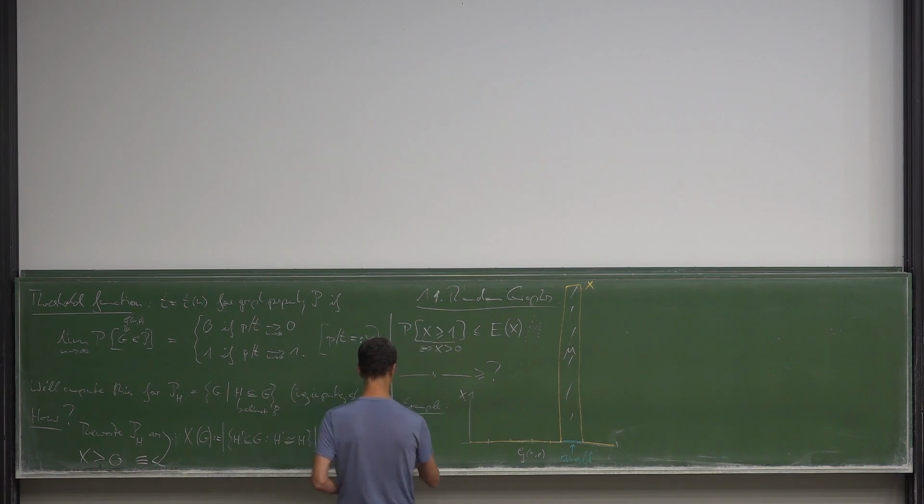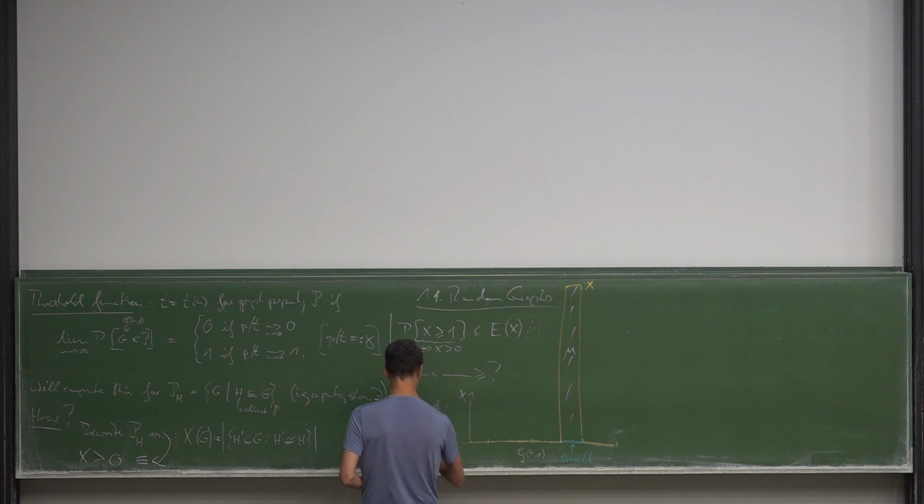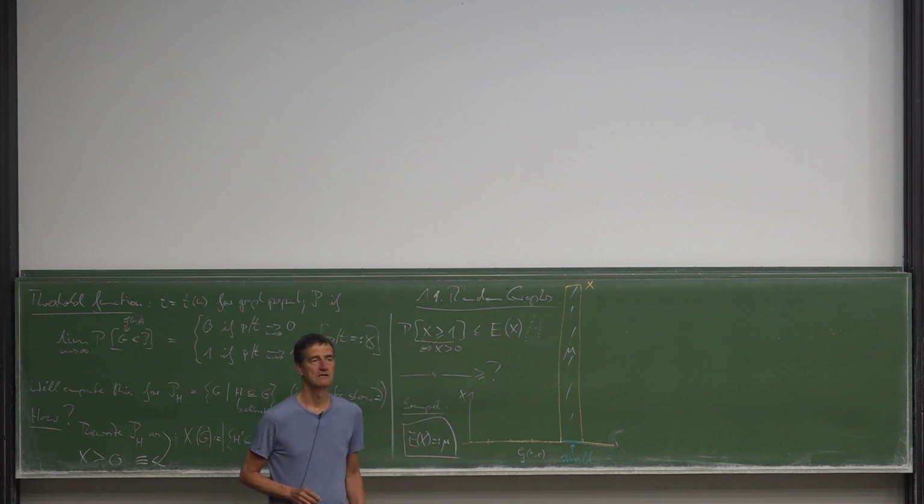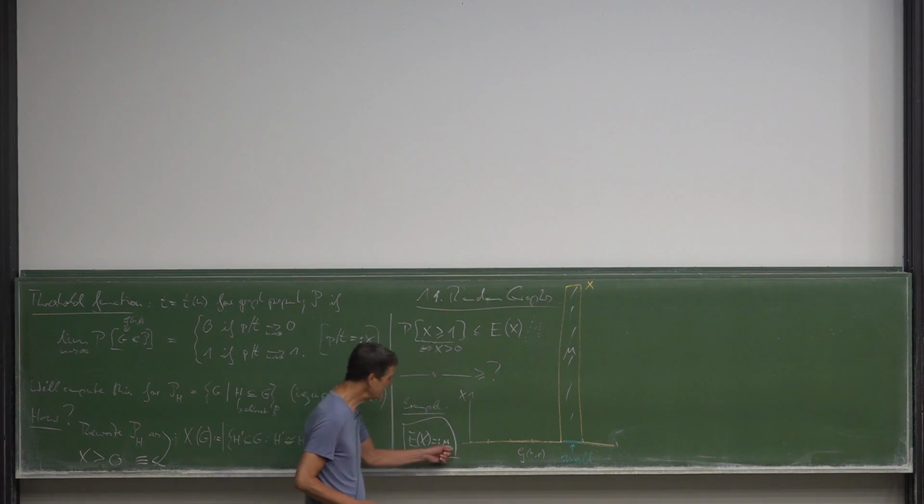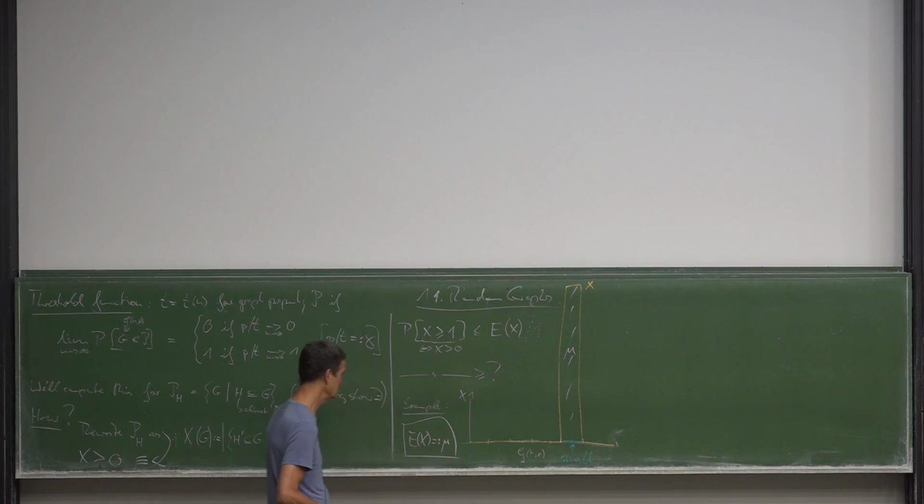Did we have that last time? Can't remember. So, little box: the expectation of X is always abbreviated to mu. This is a little misleading if you're not used to it, because that looks like a constant, looks like a number. No, it's not a number. Well, of course it is a number once everything is fixed, once X is fixed and also n is fixed, but it depends on n.